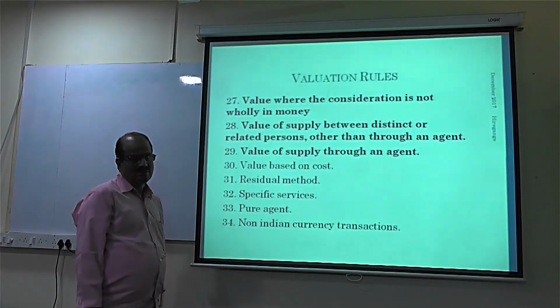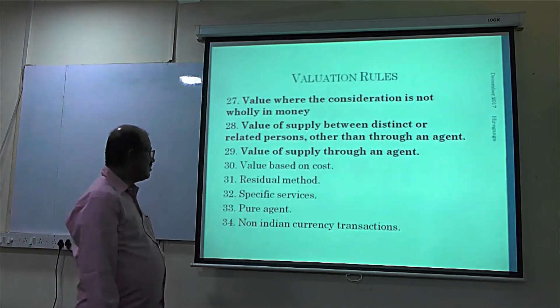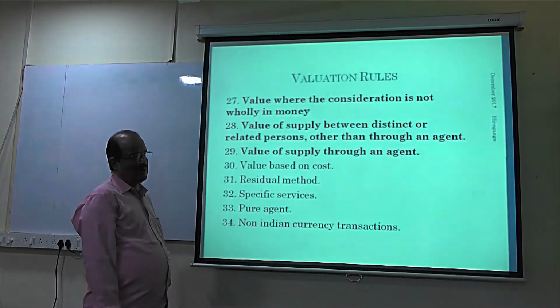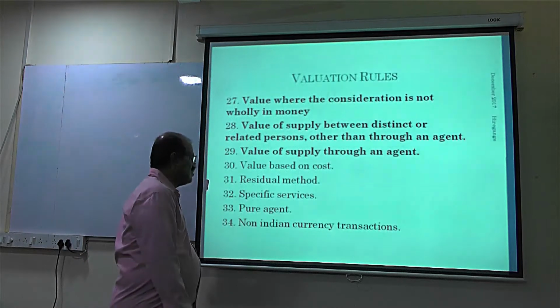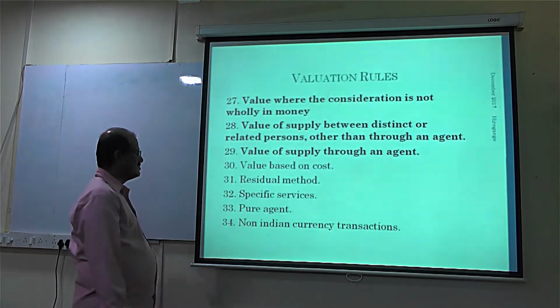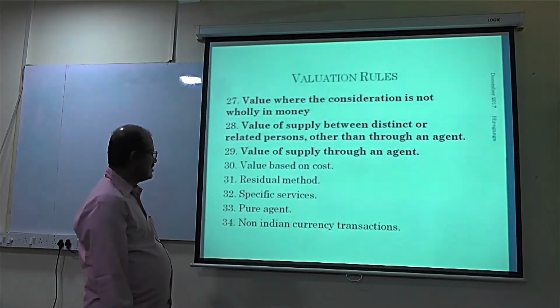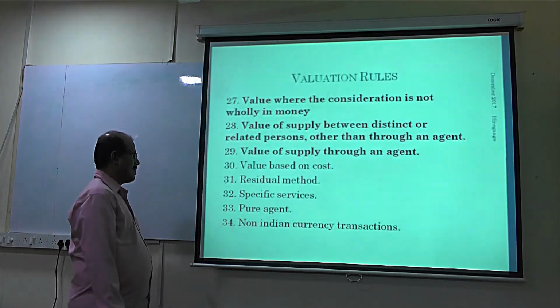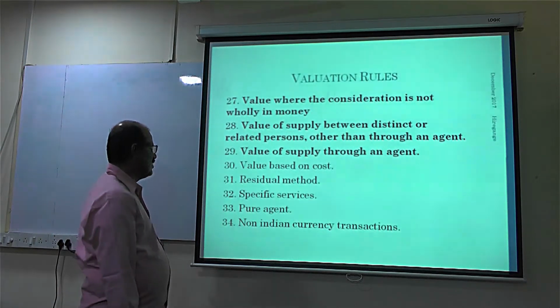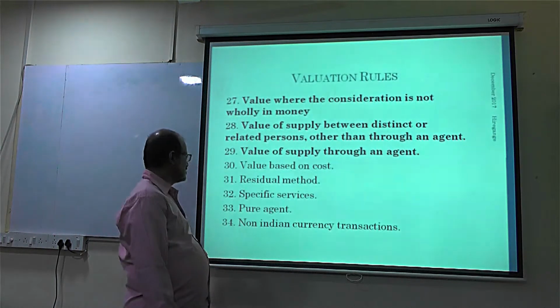In residual method, the objective is to determine the value taking into account the provisions in valuation rules and section 15, which is the value relating to transaction value, or what we call main section.